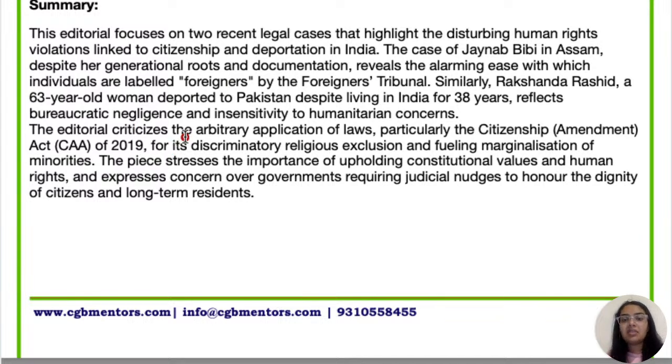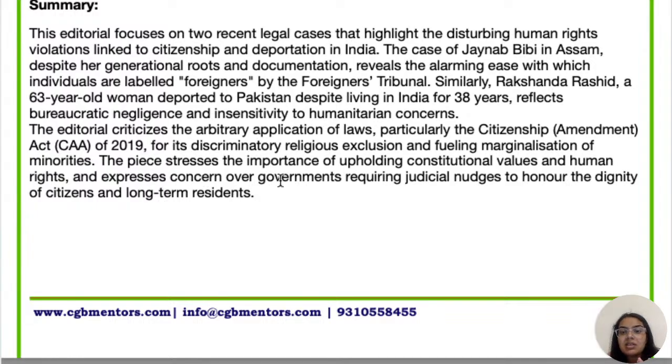The editorial criticizes the random, arbitrary application of laws. कभी होता है कभी नहीं होता है, particularly CAA of 2019 for its discriminatory religious exclusion and fueling marginalization of minorities. तो जो CAA का mention किया था, the piece stresses the importance of upholding constitutional values and human rights. उनके ऊपर जोर देने को बोला है.